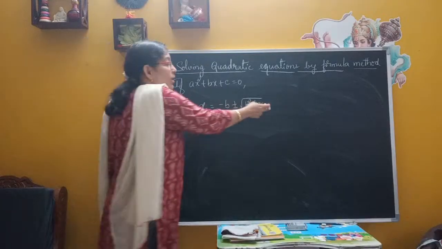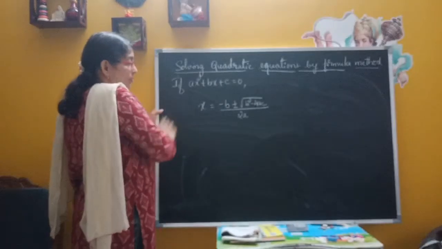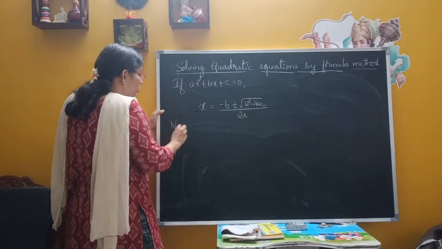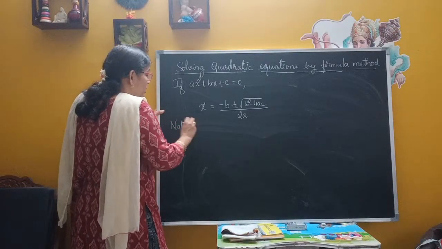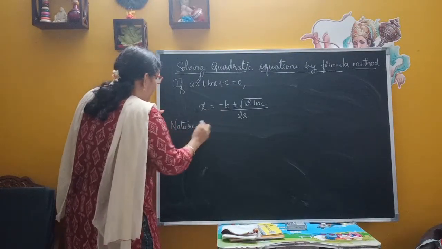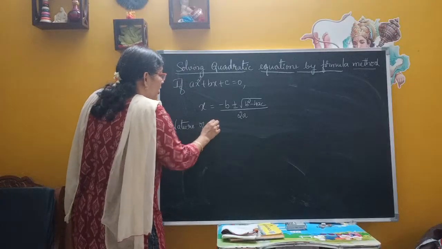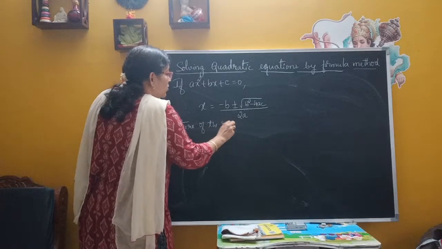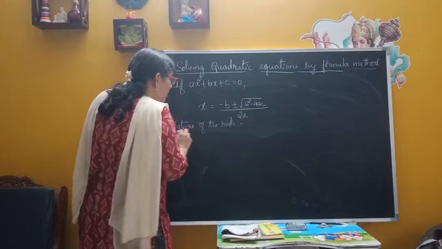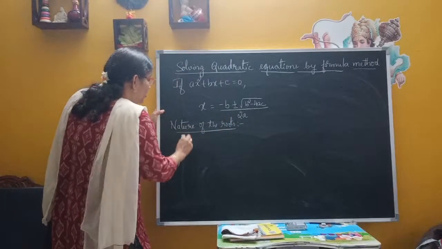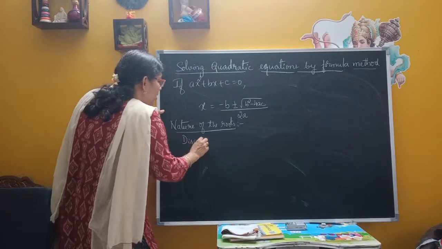Now what are the conditions for that? Let us find. The nature of the roots can be observed by the discriminant. Which is the discriminant?